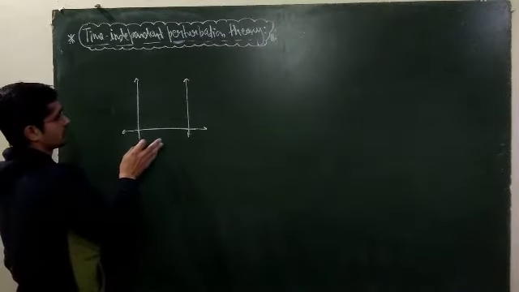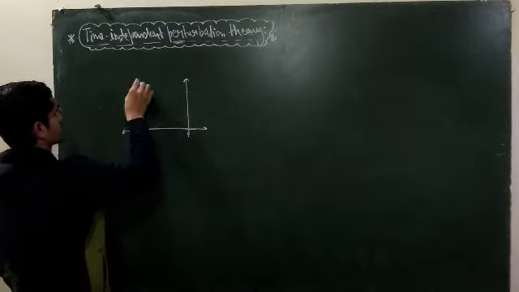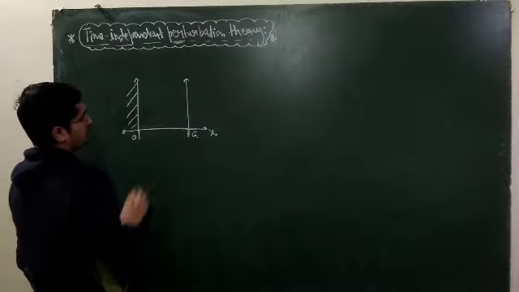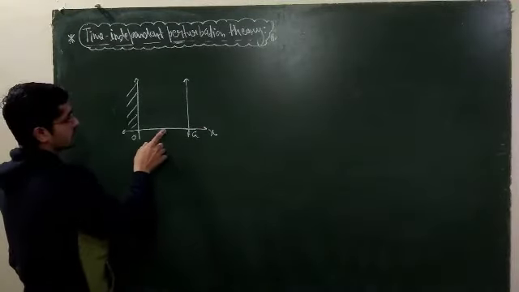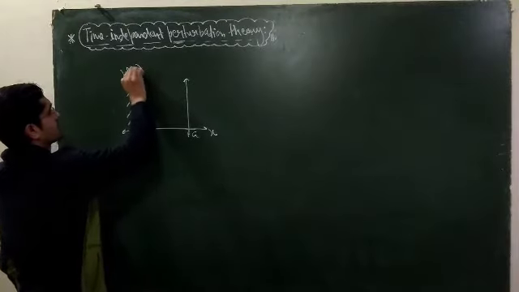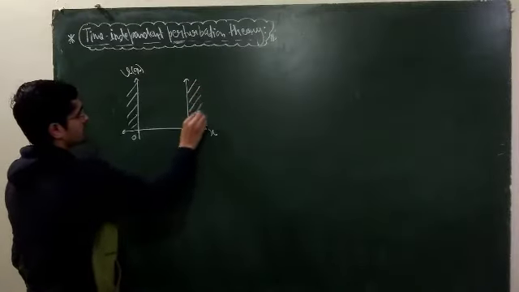It is the particle in an infinite potential box, a one-dimensional box. The x-axis measures the distance of the particle from the origin, and the y-axis measures the potential energy of the particle in this region.